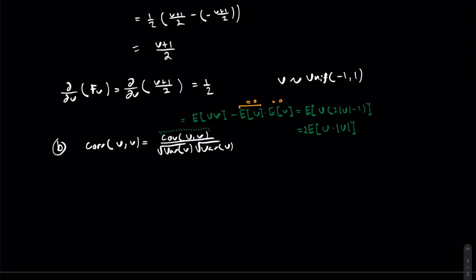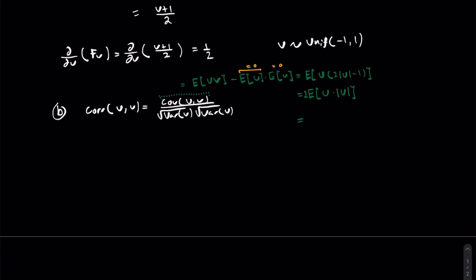Okay, so we have the 2. Now for the expectation, we're going to do the following. Let's say this is the plus region, and that is U times U, which is U squared.